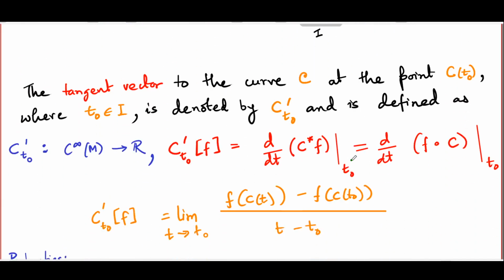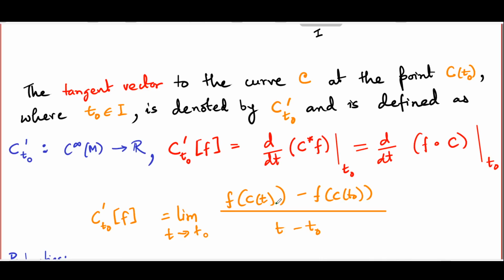So formally the definition goes like this. C prime t0, this so-called tangent vector to the curve C at the point C(t0), is a map from C infinity of M to R. The set of all smooth functions on the manifold is mapped to the real line by this. And when you feed C prime t0, this particular map, the function f, what you get basically is this quantity.